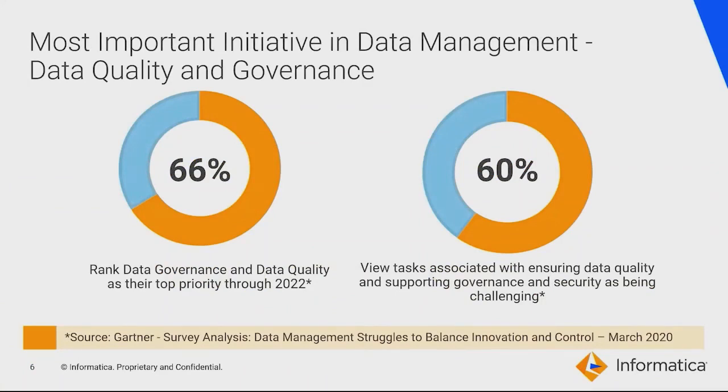Data management teams report they spend 56% of their time on production initiatives, but only 22% on innovation. 66% of respondents ranked data governance and data quality as the top priority through 2022. However, 60% view tasks associated with ensuring data quality and supporting governance and security as being challenging.